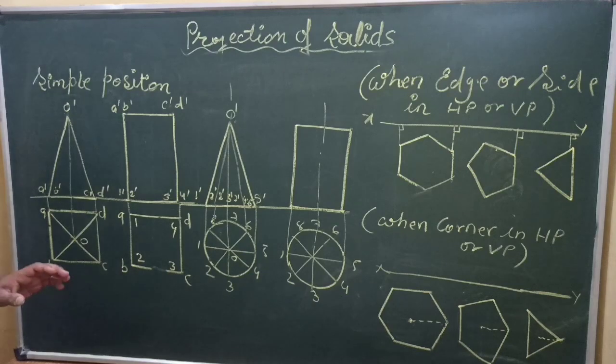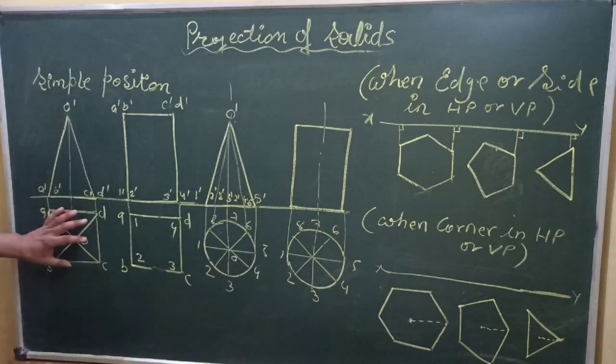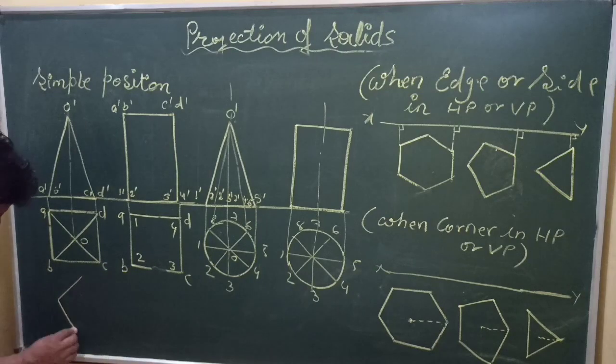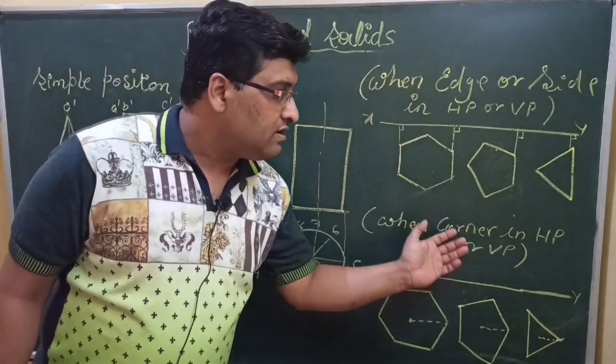Okay, now there is a confusion among the students about how to draw these top views as per the conditions. I would have drawn this top view like this also, but I have drawn in this manner. So these two types of drawings are as per the condition given in the problem.